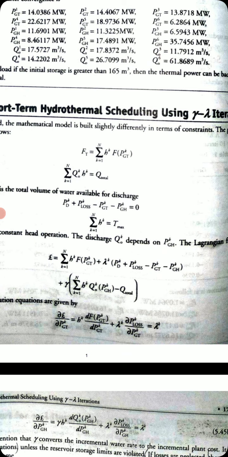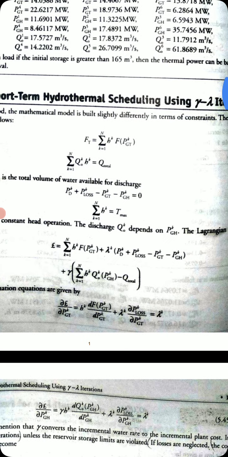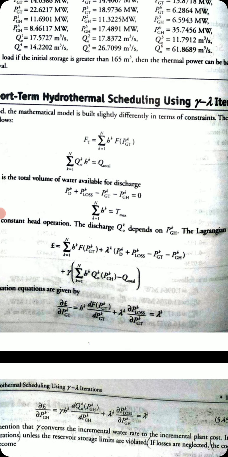Here h_k is the number of hours in the kth interval, as in the nomenclature you have seen in the previous class. N means the total number of time intervals, t_max means total time, and T_t means the total number of intervals when the thermal plant is on. So q_0k h_k summed must be equal to q_total.